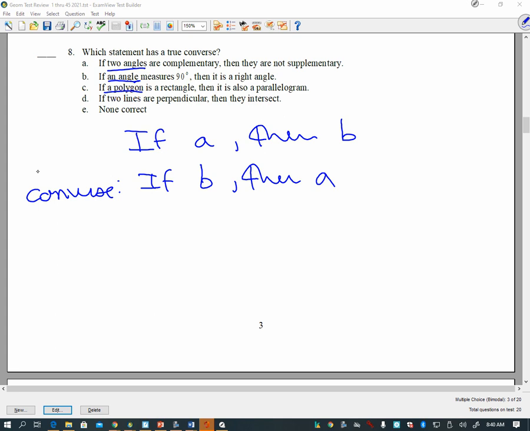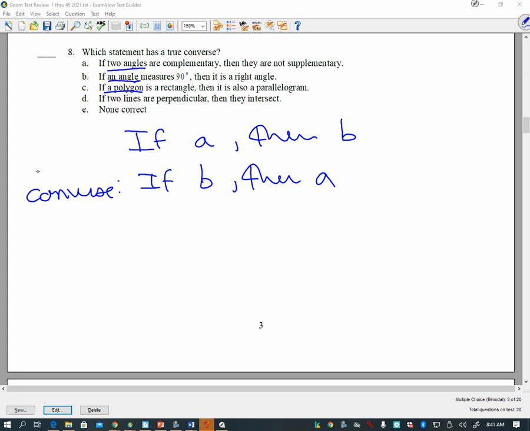If a polygon. Say it again. If a polygon is a parallelogram, then it is a rectangle. Okay? Is that true or false? False. Why? Could be a square. Okay? Could just be a parallelogram, right? Not all parallelograms are a square or a rectangle.